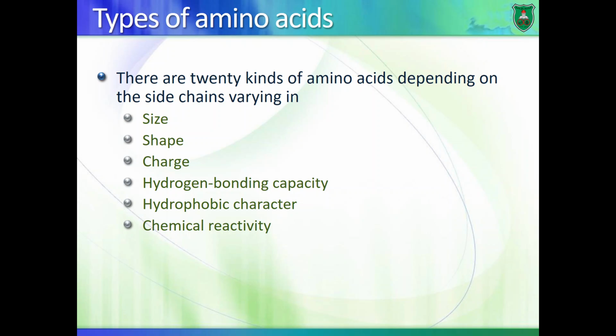Amino acids all have the same structure, but they differ in their side chain or R group. They differ in their size, so you can have large amino acids and small amino acids. They differ in their shape: some are chain in structure, others have ring R groups. They differ in their charge: some are positively charged, others negatively charged, and many have no charge.